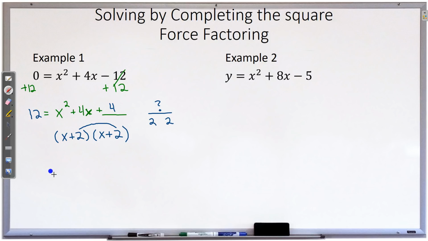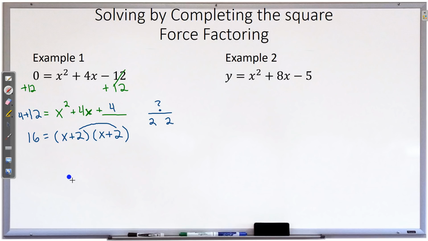Sorry about that. Alright, but I put this 4 here as well. That 4 was not there originally. I did an extra step. I added a plus 4. Well, anything you do to one side, you have to do to the other side. So you have to add that 4 over here. Now we have a total of 16 on the left side.